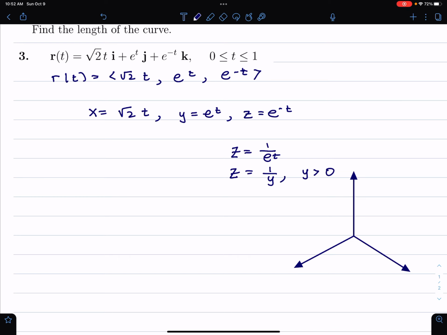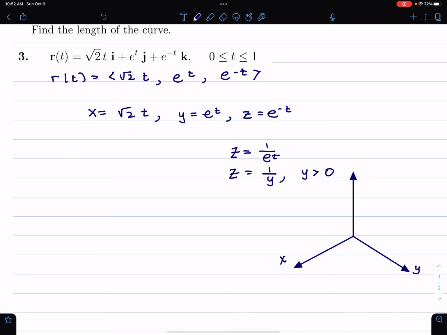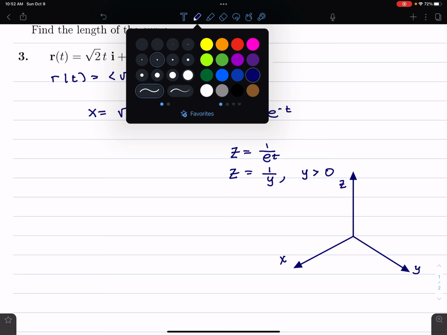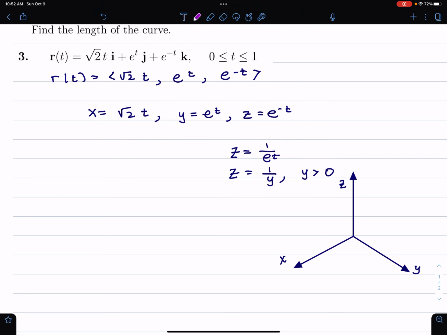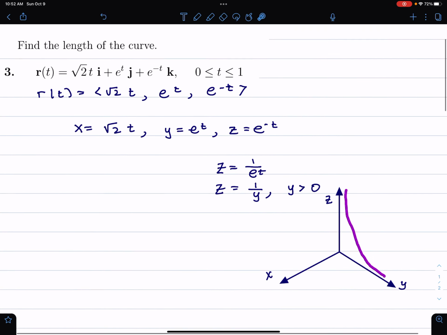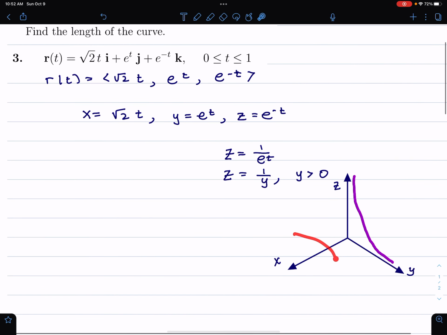This is the x, y, and z axis. Z equals 1 over y can be thought of as a curve in the yz plane, and I will now sketch that curve. This is one of the ones that maybe people memorized. Z equals 1 over y, but in general, it is also down here. But since y is greater than 0, we just have this part here.